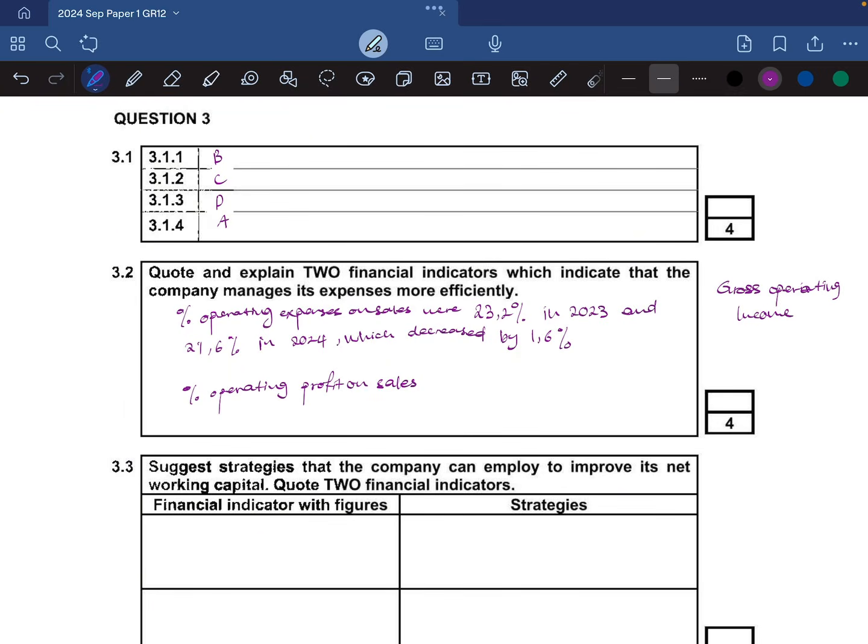So this is your gross operating income, and then you subtract your operating expenses, and then you get your operating income.